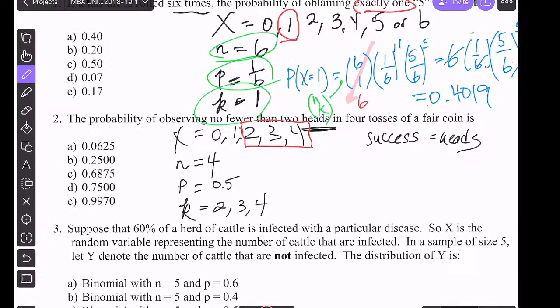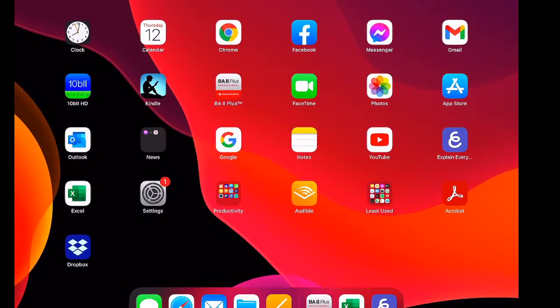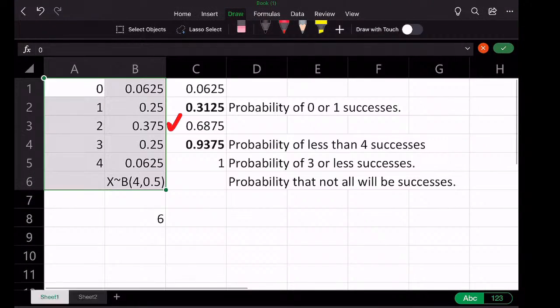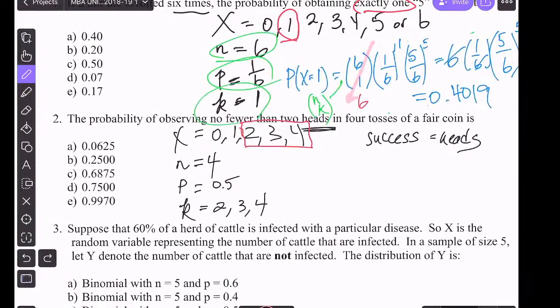Now, you already have this result, so we could just go to our Excel spreadsheet and pluck out the numbers, but we have to show our work, right? We're going to show how we got these. So what was the question again? It was no fewer than 2.